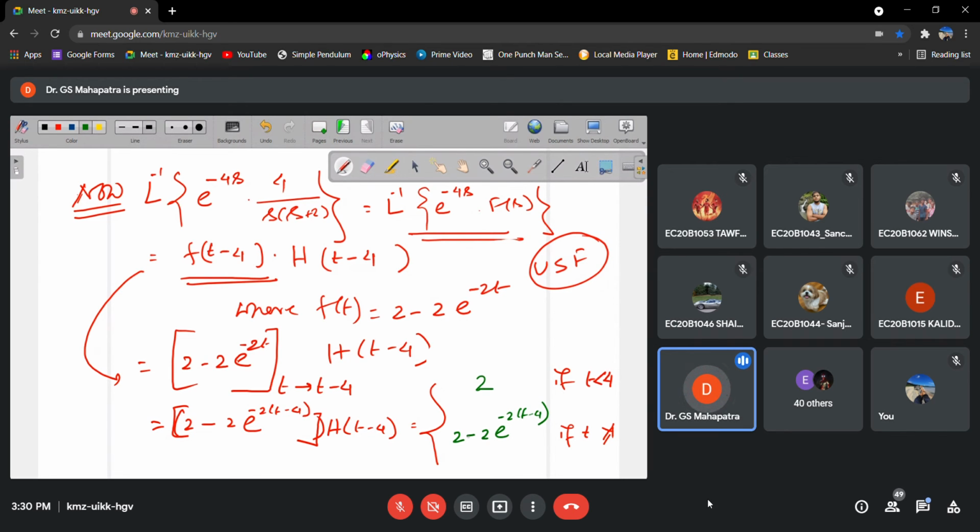Is it correct or not? Sir, only 2 will come, the 2 minus won't come, only 2 e to the power minus 2 t minus 4 will become. Then where do I have to change? In the second one, for t greater than or equal to 4, the first term has to be removed, sir.